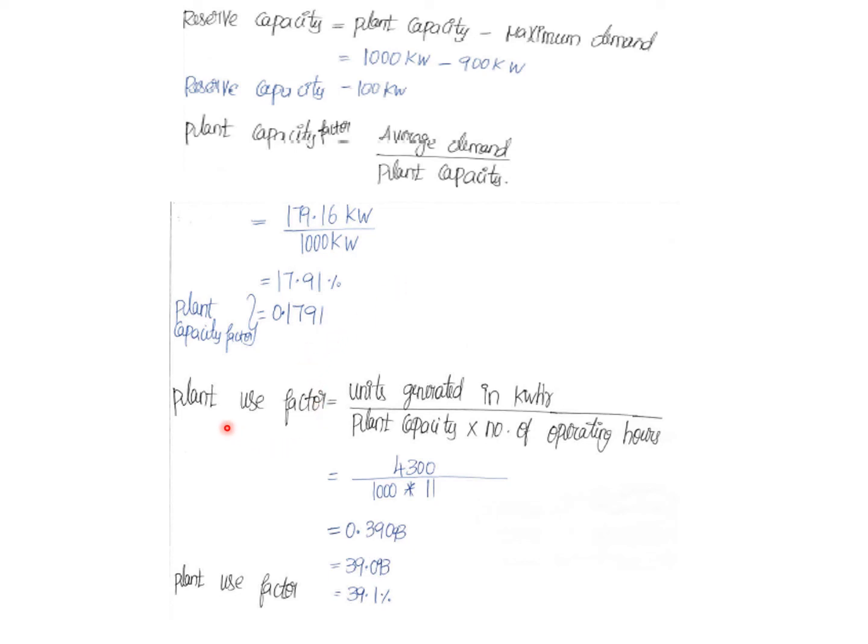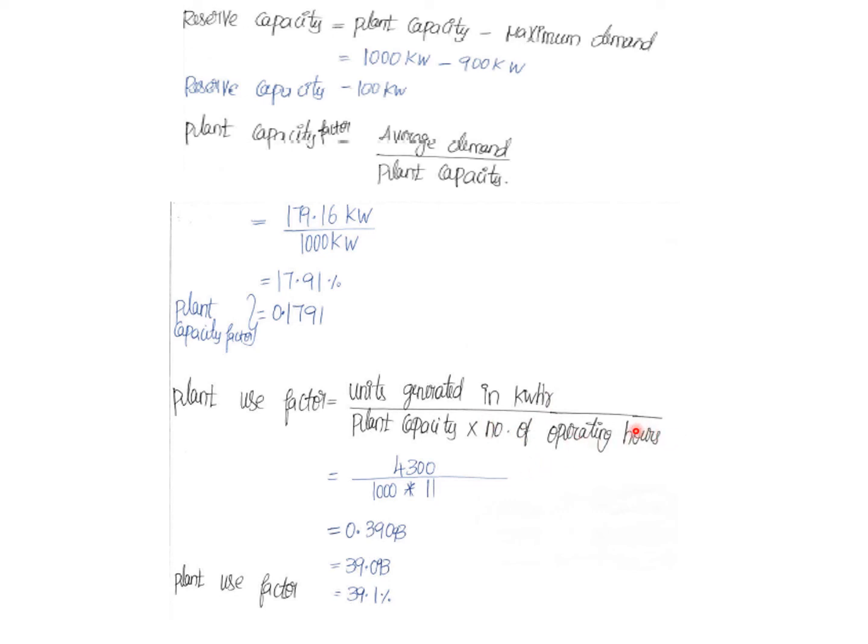Similarly, the plant use factor. The formula is units generated in kilowatt hours divided by plant capacity multiplied by the number of operating hours in the denominator. This is not the total 24 hours, which we use for the average demand in the plant capacity factor. That's the major difference between plant capacity factor and plant use factor: only the number of operating hours, not 24, which may vary.